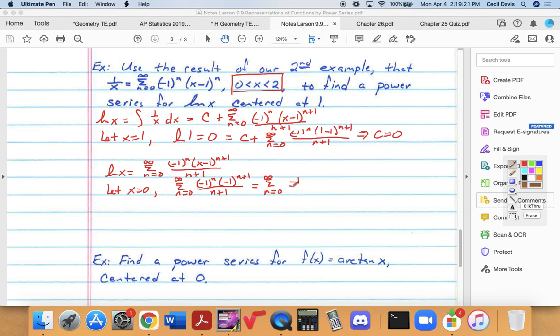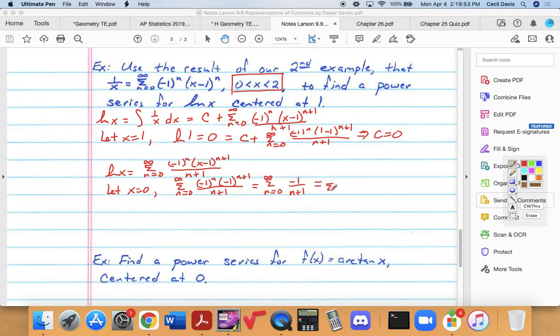So that's going to be -1 over n plus 1. What do we know about this particular series? This one diverges.